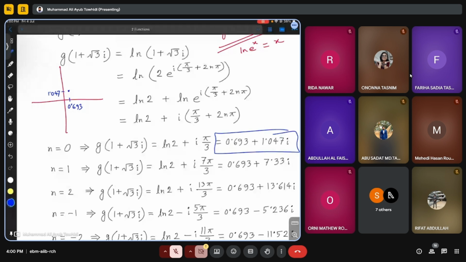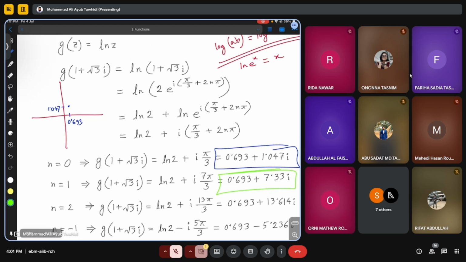Now, what about the second point, 0.693 plus 7.32? 0.693 at the same location, but on 7.33, that will be above here, right?